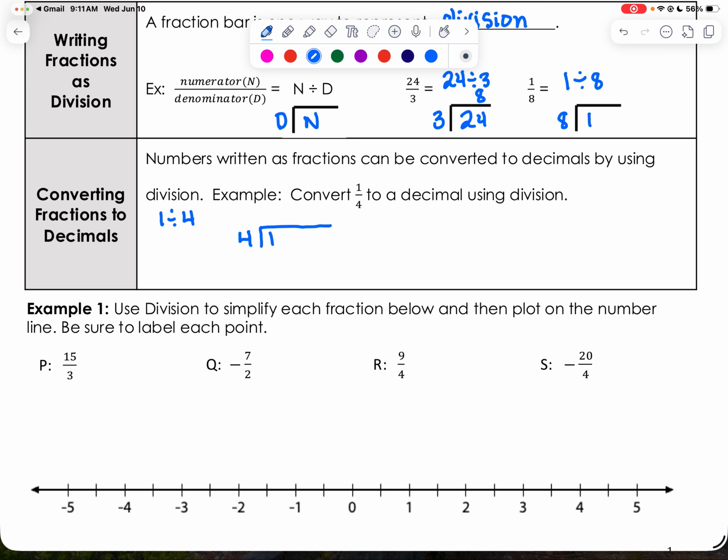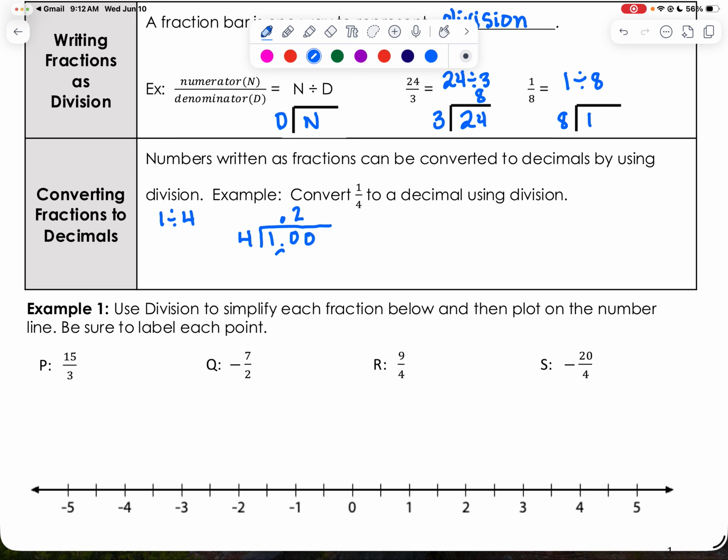Now, 4 will not easily go into 1 unless we add a decimal and some zeros. So I'm going to ask how many times 4 will go into 1.00. Now I'm asking how many times will 4 go into 10? Well, 4 will go into 10 2 times.